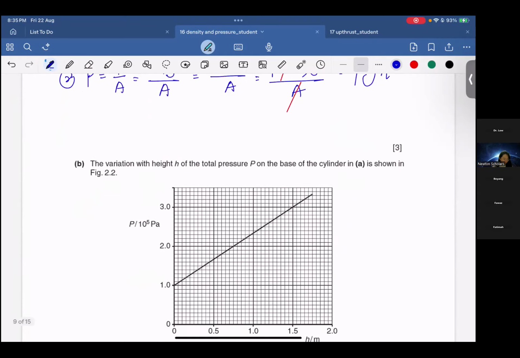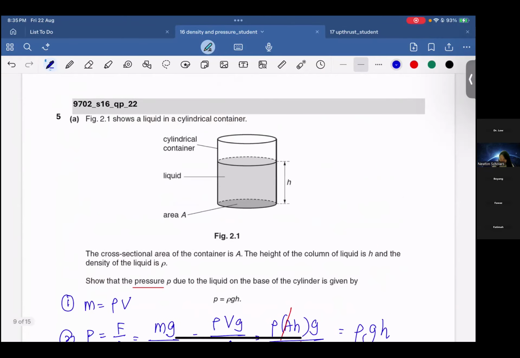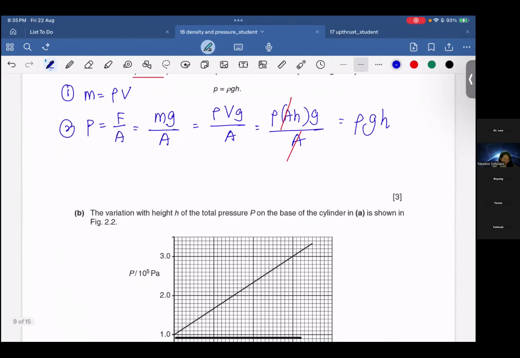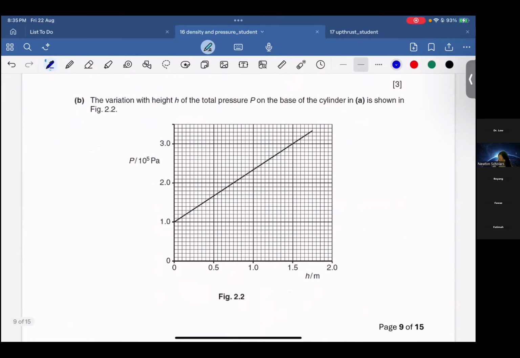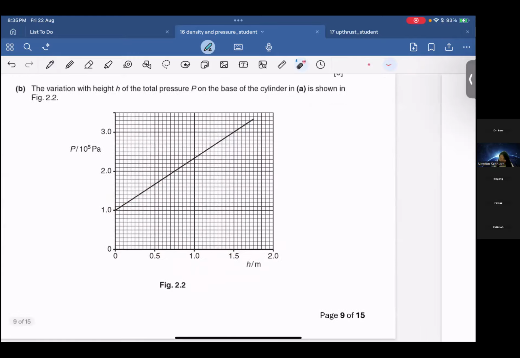The variation with height. Okay, the variation of the total pressure on the base of the cylinder in A with height is shown in this diagram. So with increasing height, the pressure will increase. Okay, so we go to page number 10.